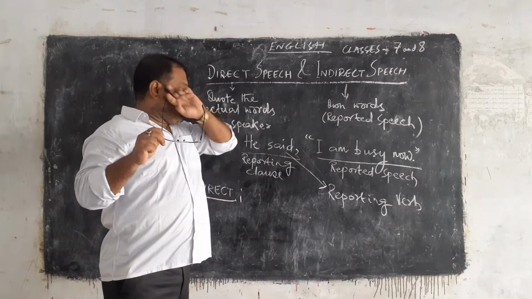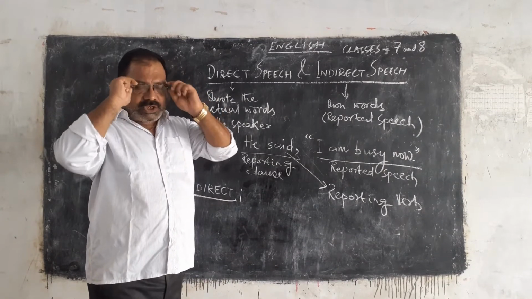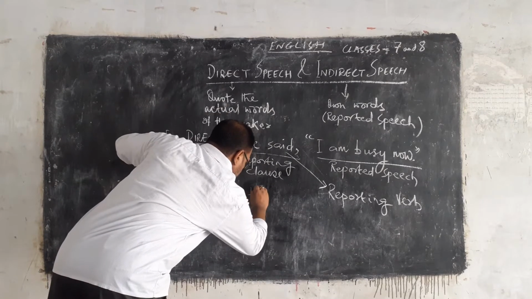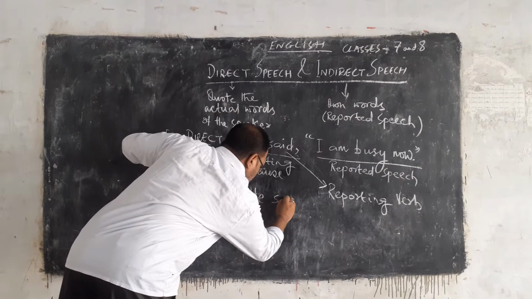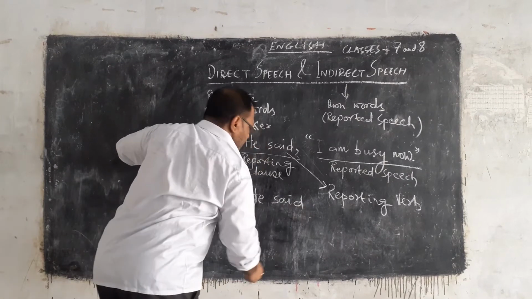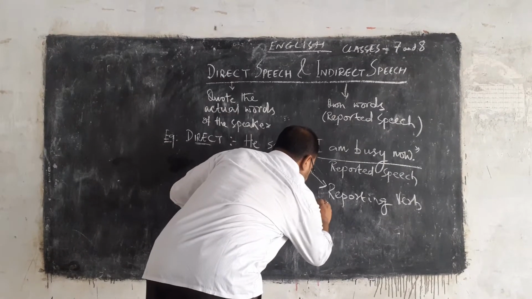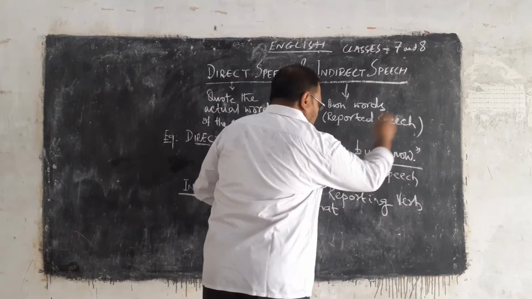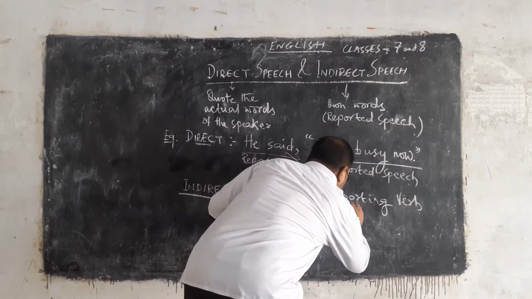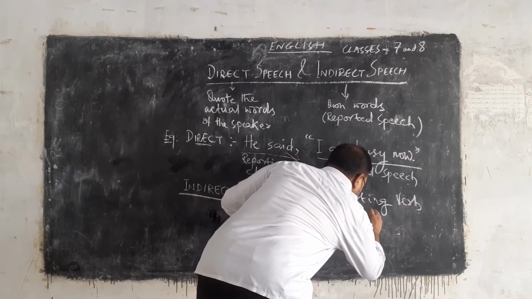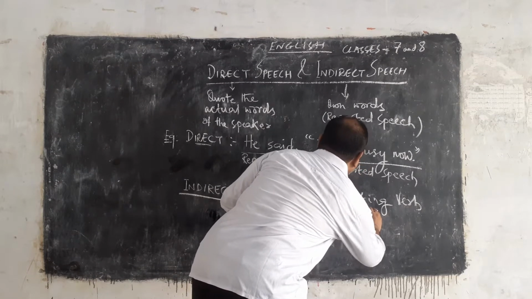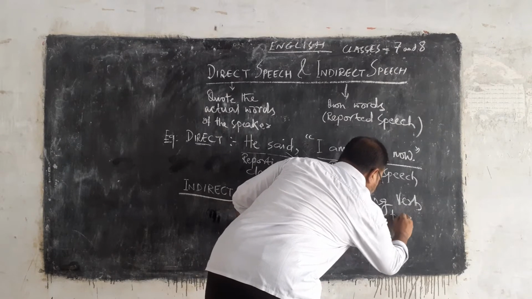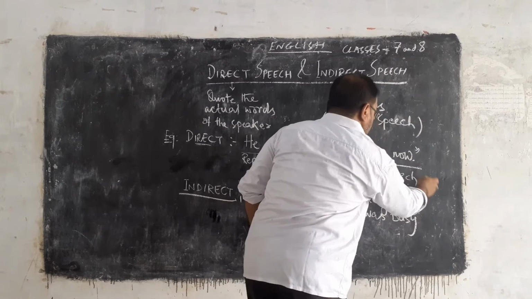In indirect speech, this sentence will be transformed. He said, we apply a conjunction that. I changes to he, we remove the inverted commas, the tense changes, that he was busy, now becomes then.